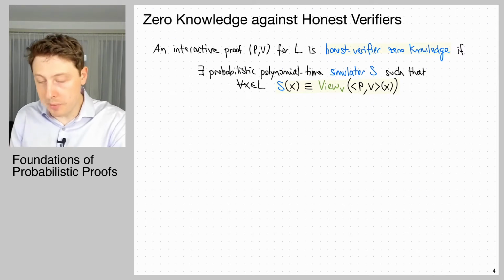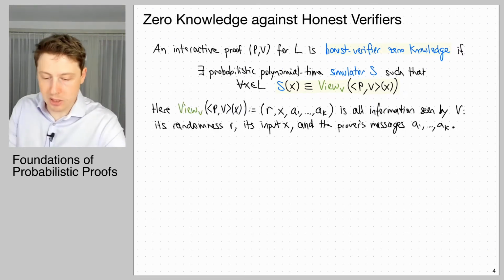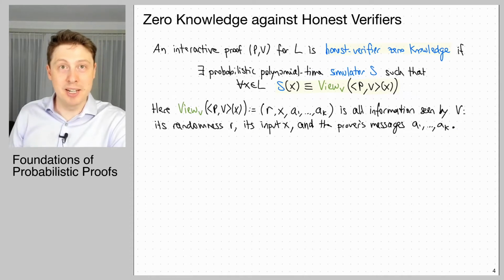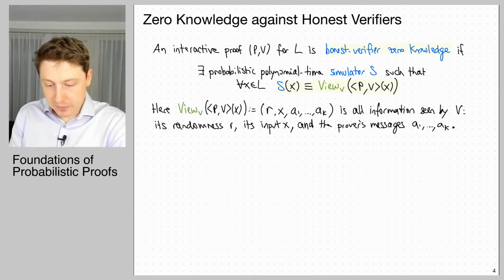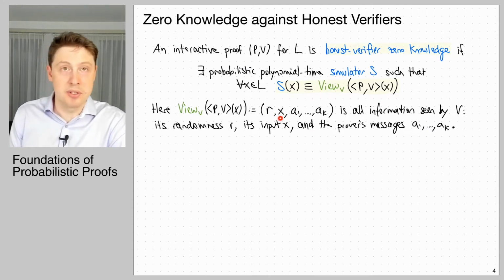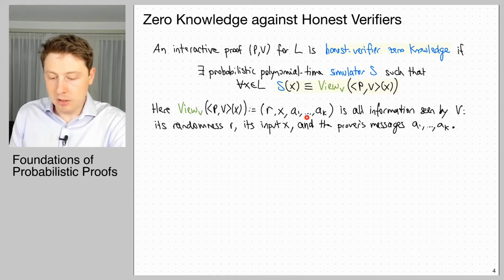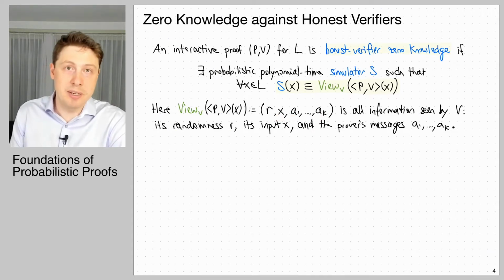Now let's just think for a moment about what is this view. Well, it's whatever the verifier has seen. What does the verifier see? Its own randomness, let's call it R, the input, of course, X, and all the prover messages. The verifier messages, I don't need to write them, they're just implied by everything else here, right?